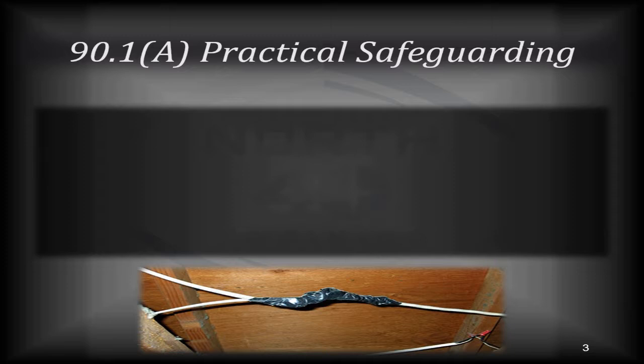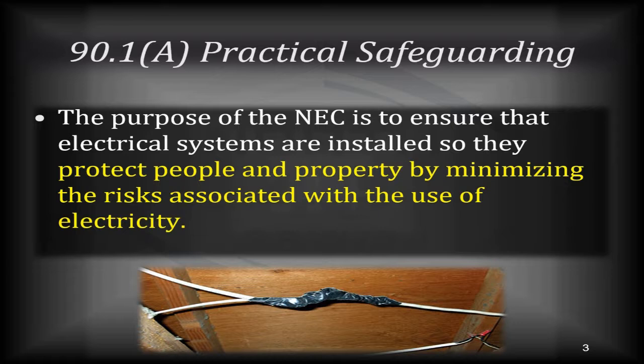Not sit-on-the-edge-of-your-seat type of interesting. However, you have to remember that the whole purpose of the code is to make sure that things are installed properly. It gives us a basic set of guidelines so that you protect the people as well as the property by getting rid of some of the risks along the way that are associated with electricity.